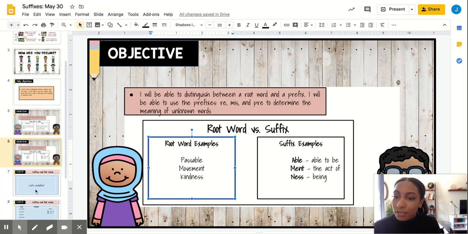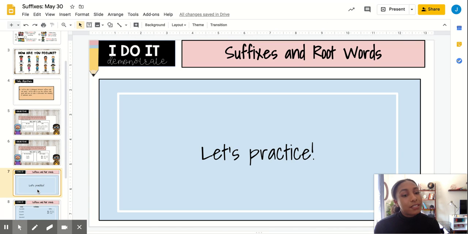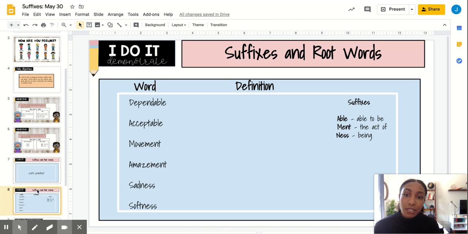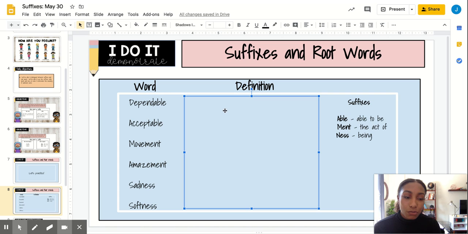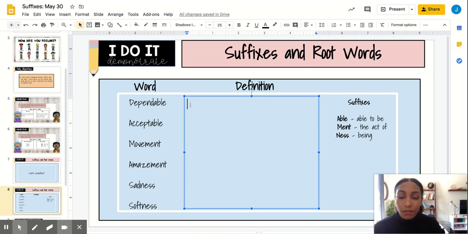All right? Let's see if we can practice a little bit and see how our words are changed by our suffixes. Remember, suffixes are added to the very end of a root word. So let's review our suffixes again. Able, ment, and ness. Able means you're able to be. Ment is the act of, and ness means being.